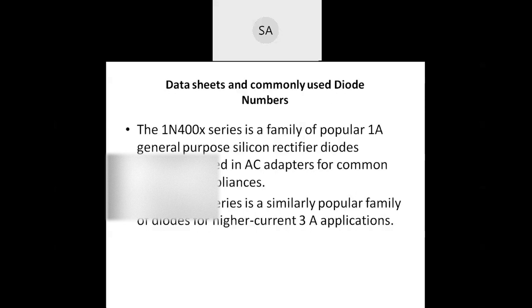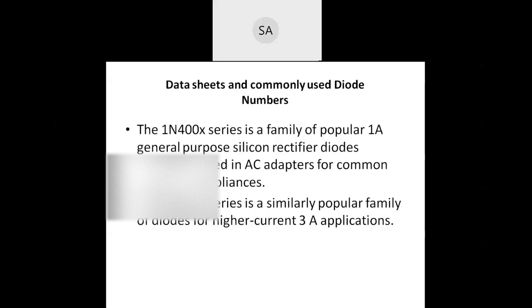This is one series of semiconductor diodes, which is used in household applications and AC adapters. Whereas the IN540X series is a similarly popular family of diodes for high current, 3 ampere applications.